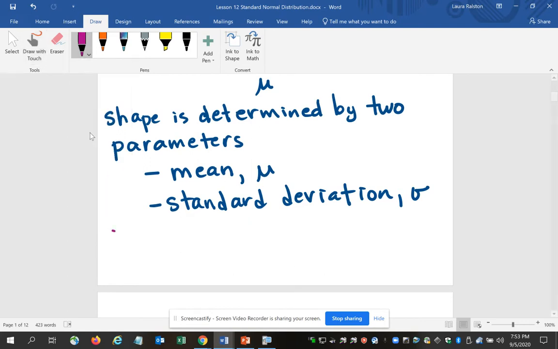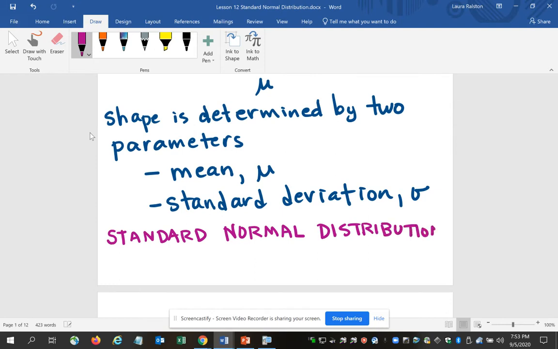And so that they didn't have to create a table for every possible combination of a value for the mean and a value for the standard deviation, they standardized it. They created a standard normal distribution, and then they created the table using those particular values. And so everything had to relate back to that standard normal distribution.